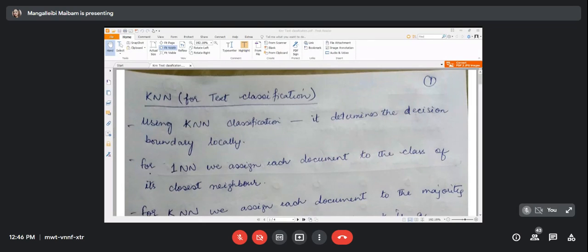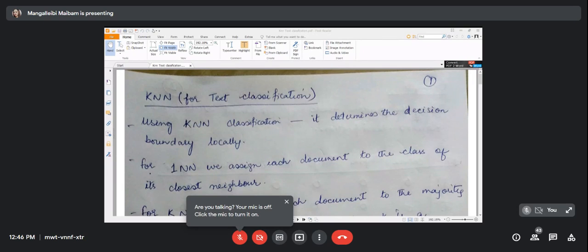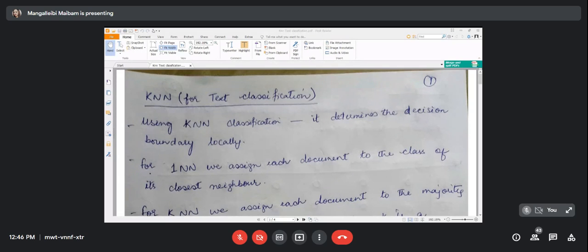You have come across k nearest neighbor, and the same thing will be there in your next semester also, in your data mining paper. But the application of this algorithm is different. The concept remains the same, but here our KNN, k nearest neighbor, is used in text classification.